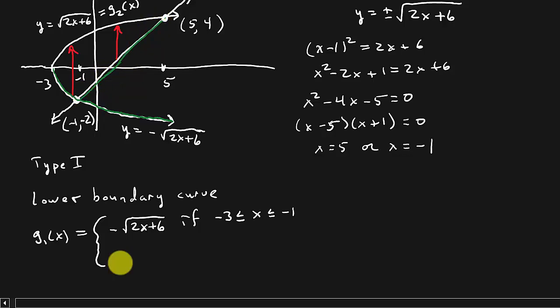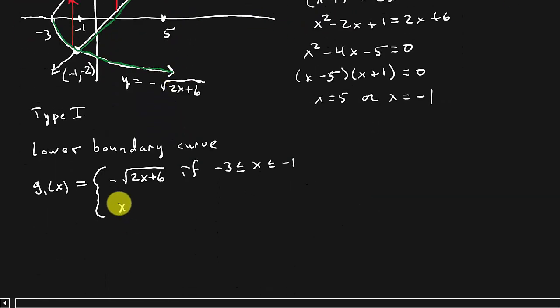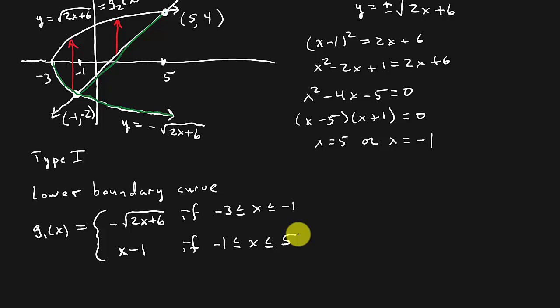So that equals, what was it? x minus 1 if x is between -1 and 5. So you can see, there you go. Okay? There you have it.